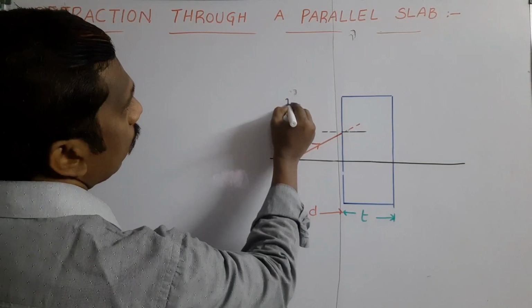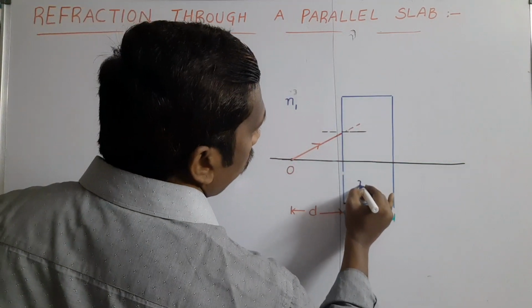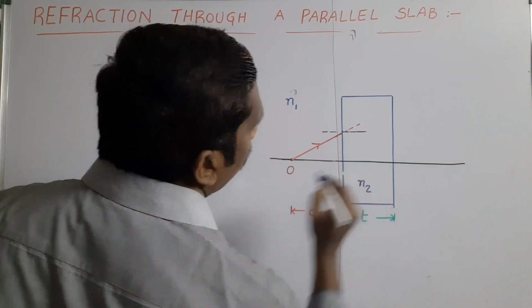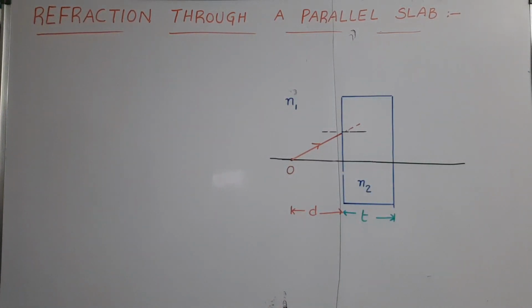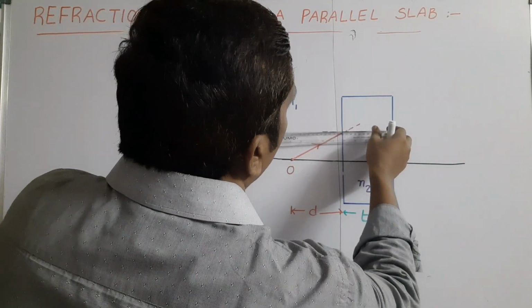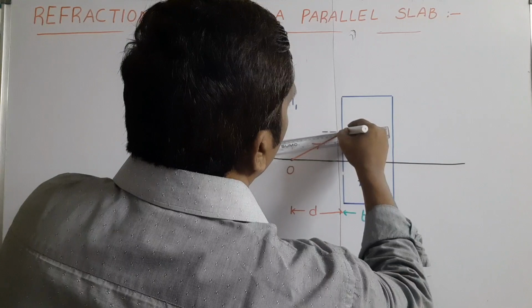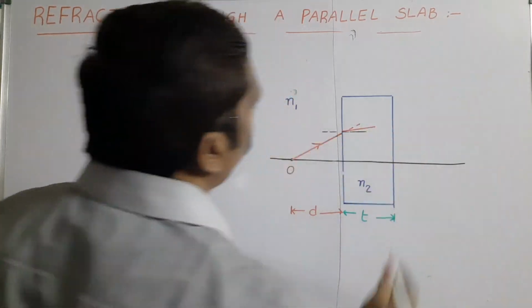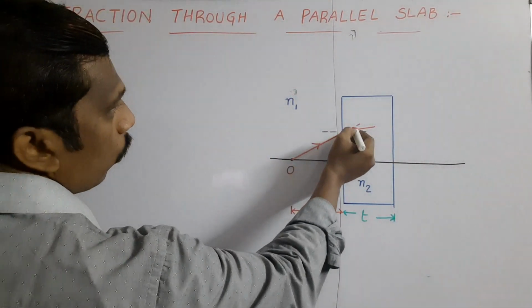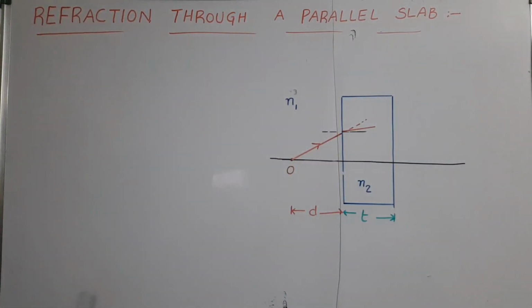Assume this medium's refractive index is n1 and the refractive index of the glass slab is n2. At the first surface, it bends toward the normal. That's why the light ray bends like this at the normal and goes like this. Actually this is the original path, but due to the change in speed it bends like this.